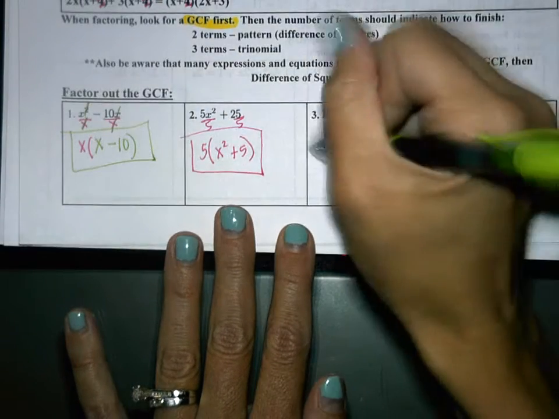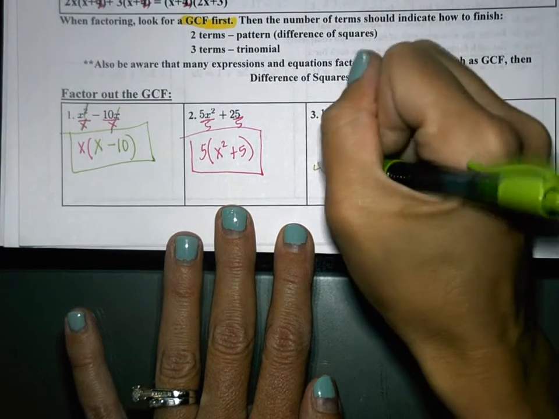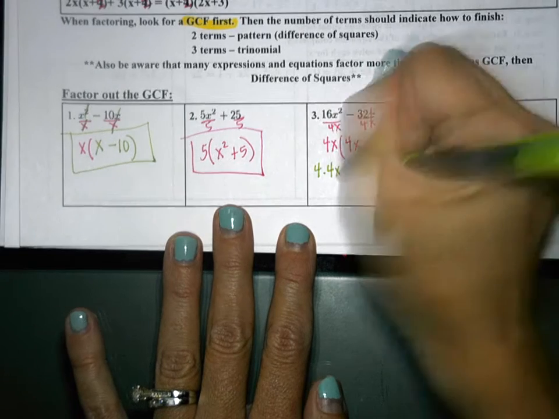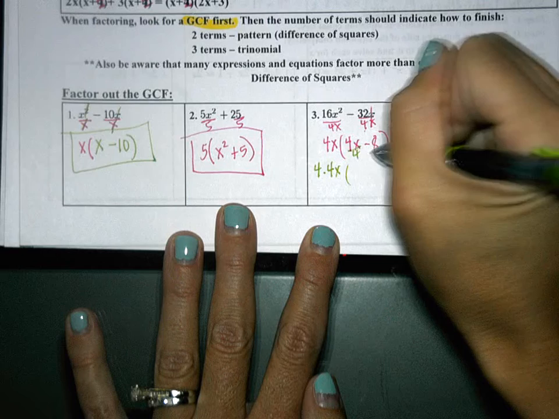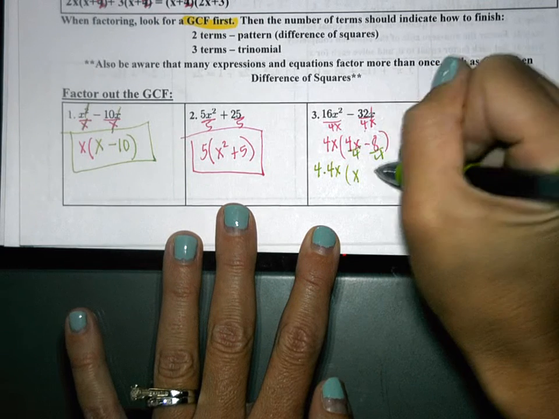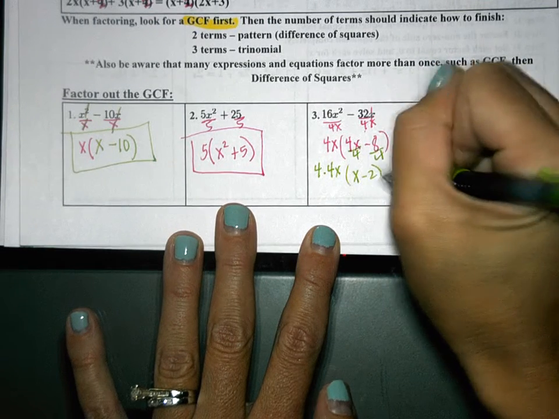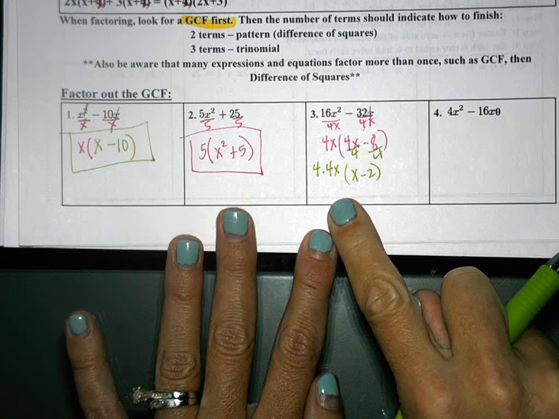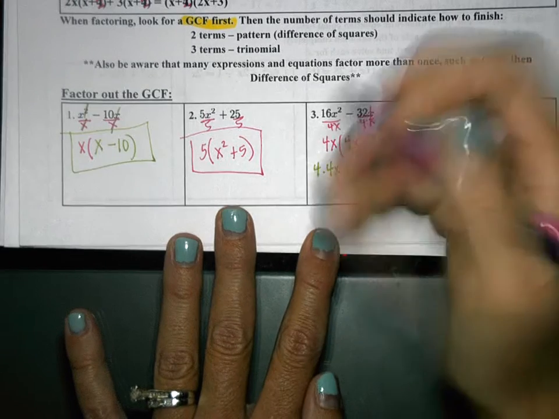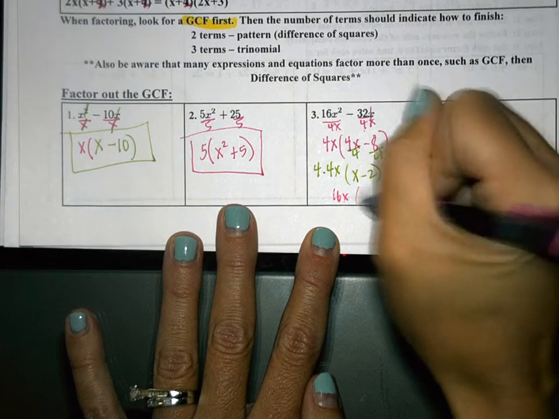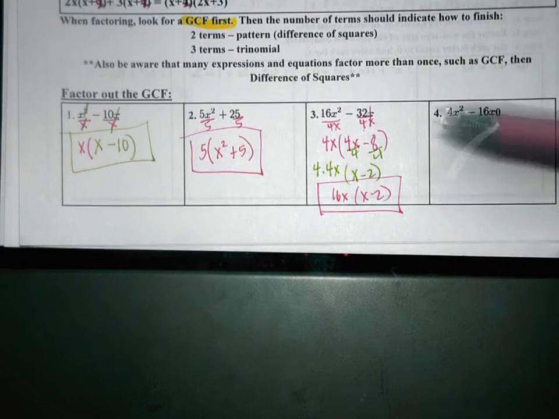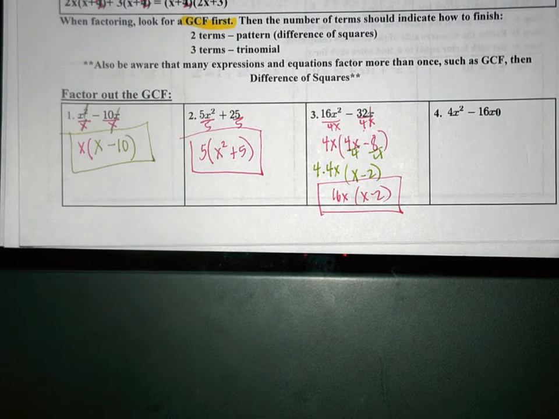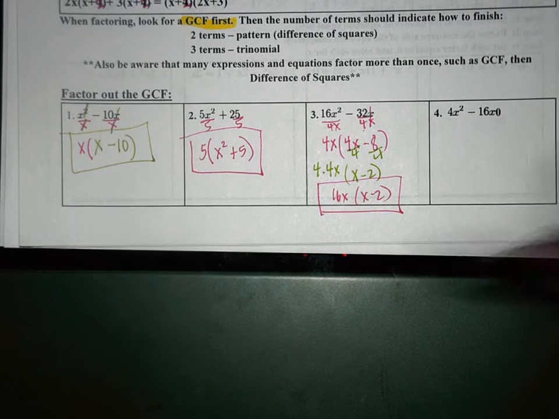And so you're going to take out another 4 as a GCF. So in front, I have now a 4 and a 4x. And when I divide each of these by 4 now, I'm left with x minus 2. And what is 4 times 4x? 16x. So this is 16x and x minus 2. So you should always double check and make sure you couldn't have taken out more. Does that make sense? Do we have questions here?